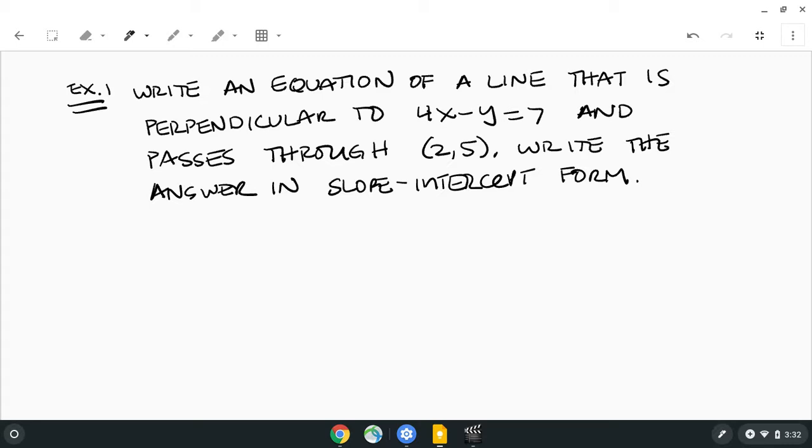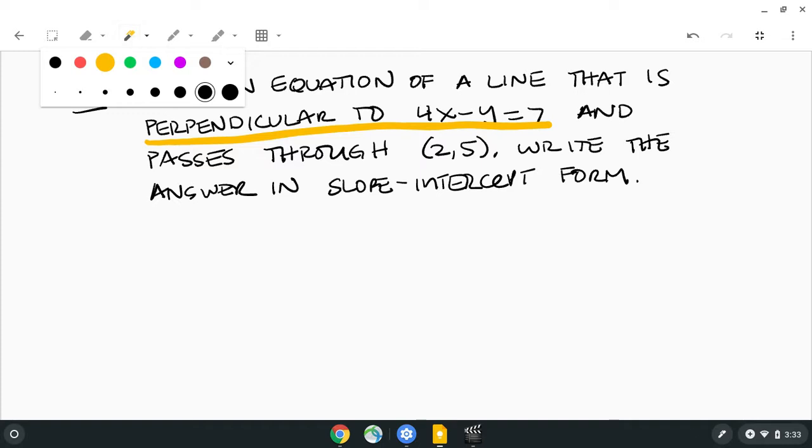All right, so if you remember, to write an equation of a line, we need a slope and we need a point. We have a point, but we need the slope. Right here, this here is your clue to the slope.